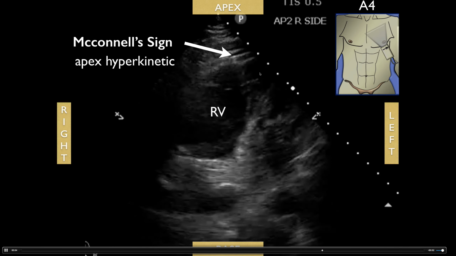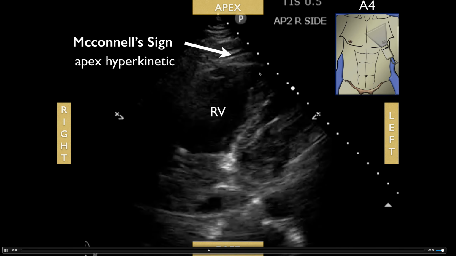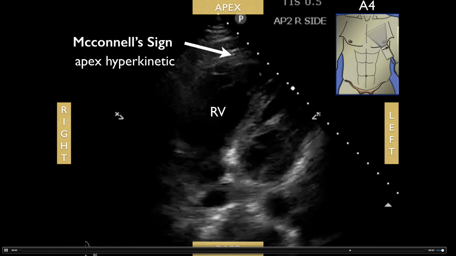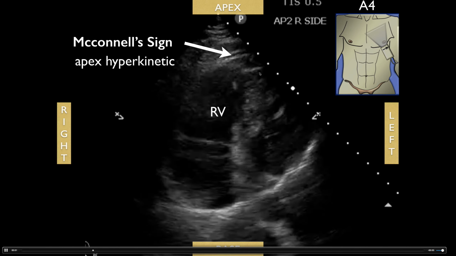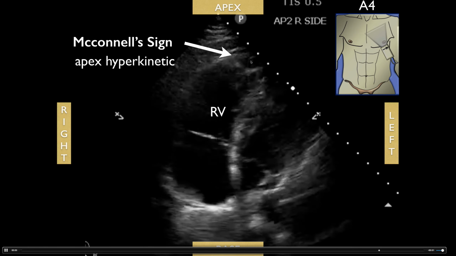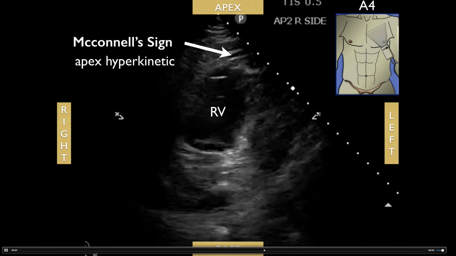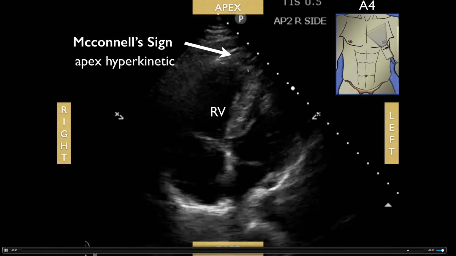Any type of pulmonary hypertension, even things like left-sided heart disease might also affect the right-sided pressures. But if you see McConnell sign, where you see this hyperdynamic or hyperkinetic apex, that's been shown to be a specific sign for pulmonary embolism.